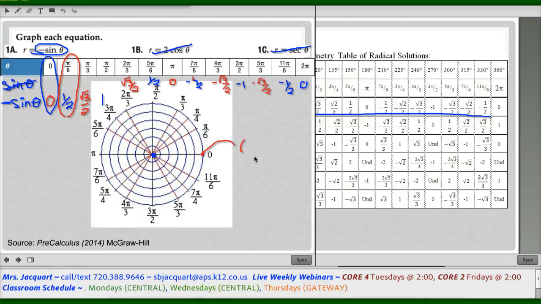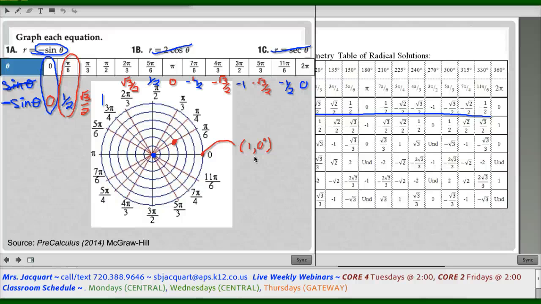Let's make this 1, 0. So in other words, we're going to go over pi/6 and 1/2. So 1/2 is going to be here. Okay, and then we're going to go square root 3/2.